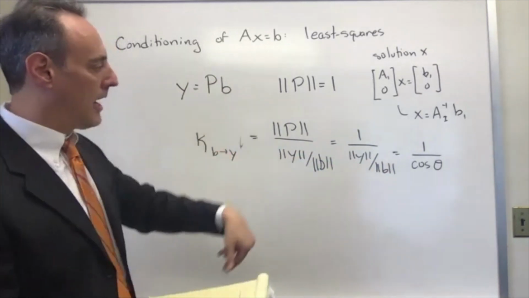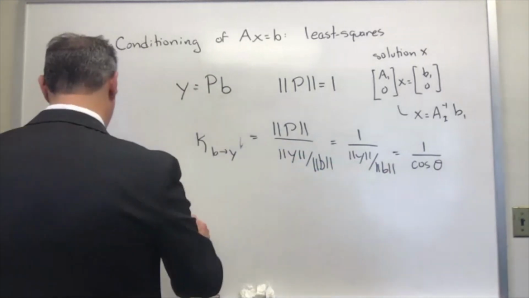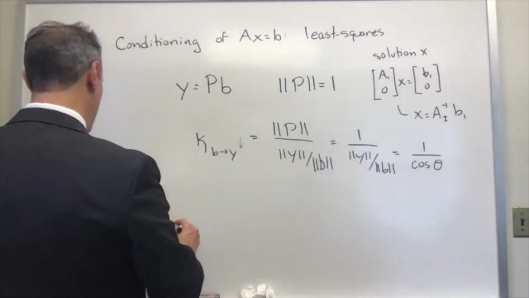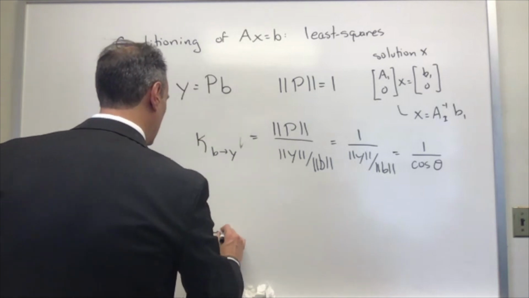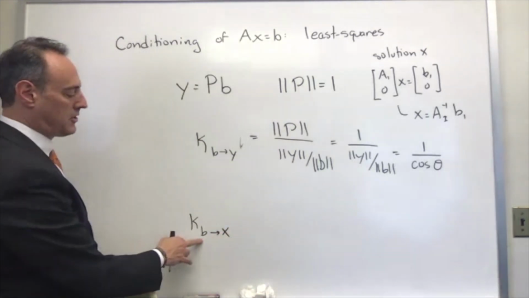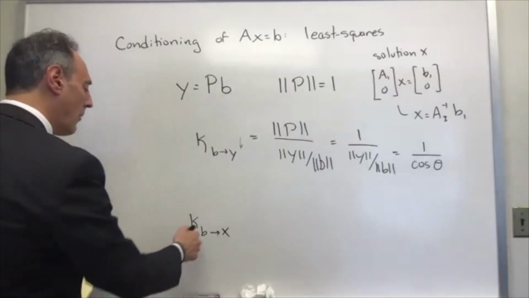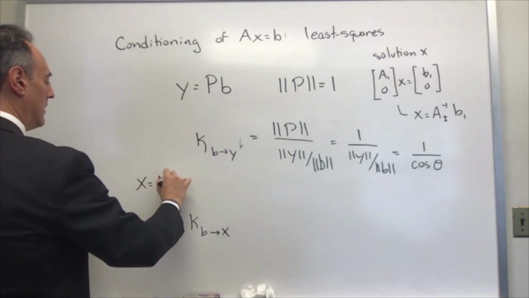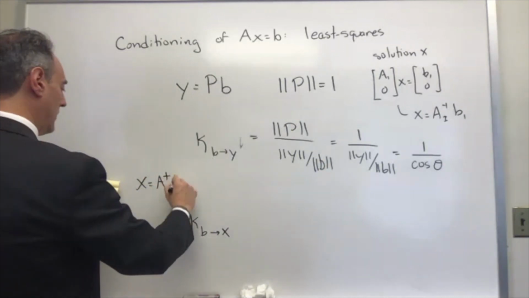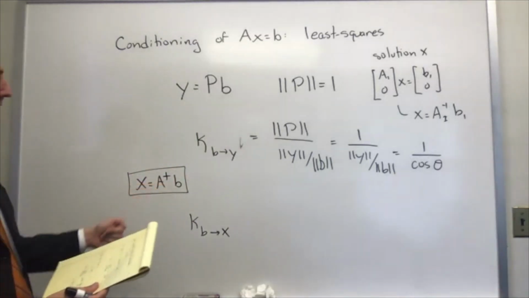Let's go to the top right, which is I want to now compute the condition number of b, how perturbations in b affect x. Now what we know is we're going to approximate x by this guy here, the pseudo inverse of A acting on b.